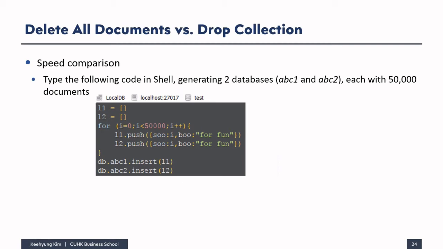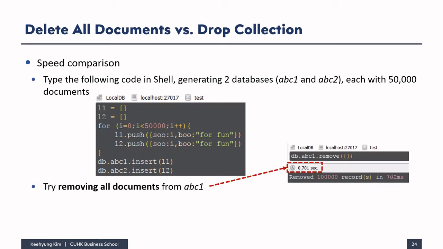Here what I'm doing is that I create two identical collections, ABC1 and ABC2, and in each collection I added 50,000 documents. So that's what I did. After performing this code, basically I'll have two collections which contain exactly the same 50,000 documents. And I want to test how the speed differs between performing the remove function and the drop function.